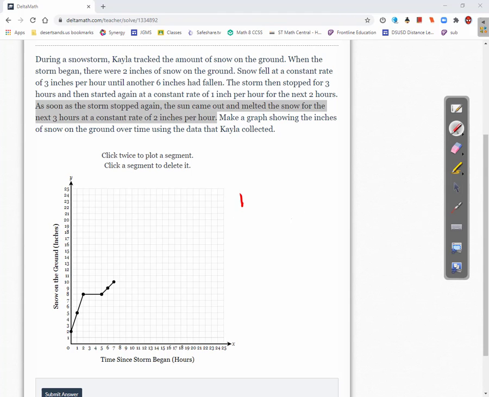So if it's going to melt, I'm going to let you know that's going to be a dead giveaway that we're now going to have a negative slope. And it tells us that our negative slope, our rate anyways, is 2 inches per hour. So I'm going to put a negative 2 inches for every 1 hour because it says per hour. But we're going to have to do that for a total of 3 hours.